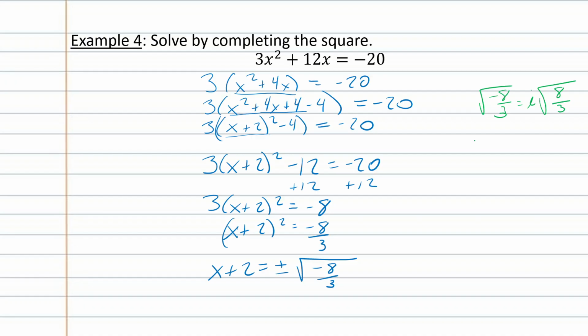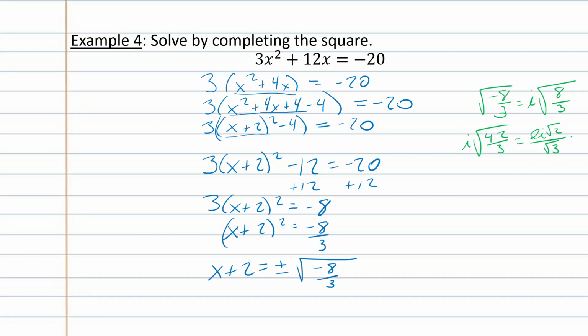But let's look at the square root of 8 thirds. Now, 8 can be comprised of 4 and 2. 3 I really can't do much with at this point. Square root of 4 is 2, right? So if I broke it up like this, it would be 2i square root 2, and then I would have the square root of 3 in the denominator, right?